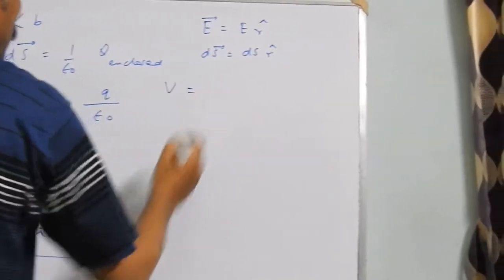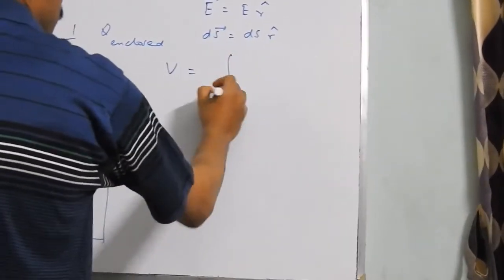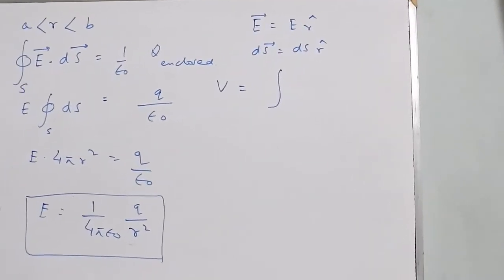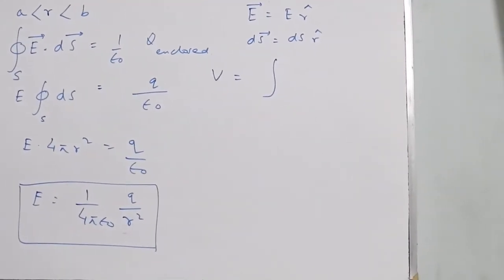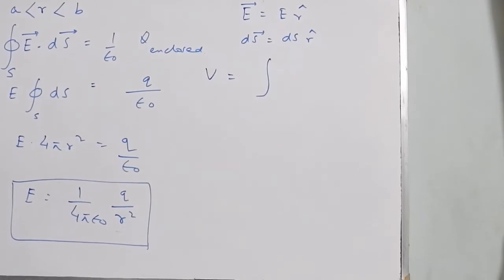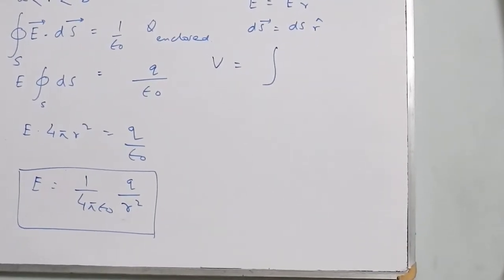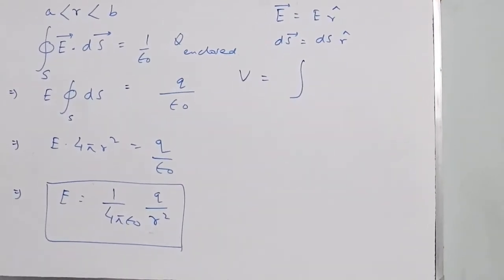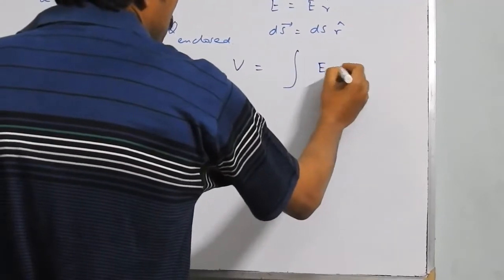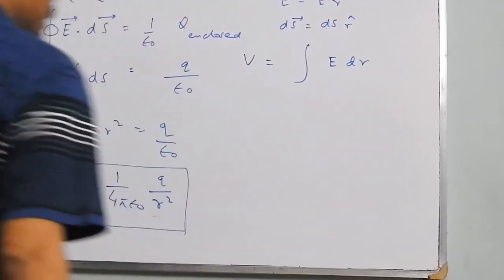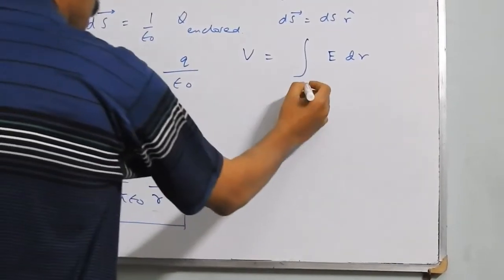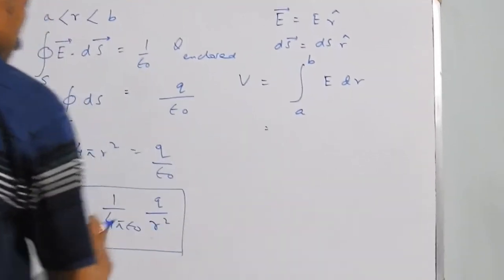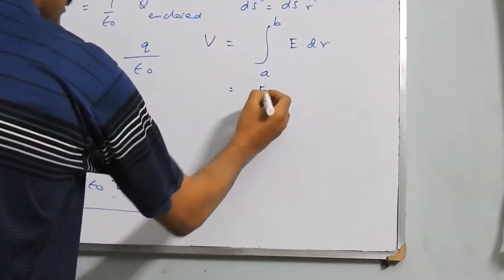Now we have to compute the potential difference, as we have already said. It will be V equal to the integration of E vector dot dl vector. In this case, dl vector is along the path connecting the spheres, which is obviously along the radial direction. So you can just write this as E dr, integrated from a to b.